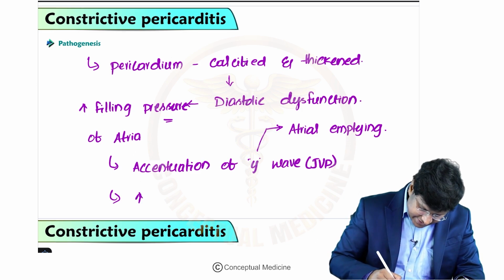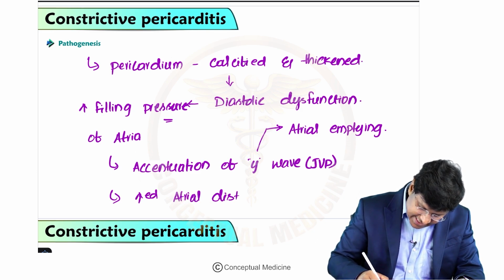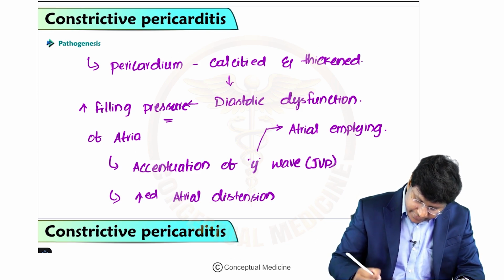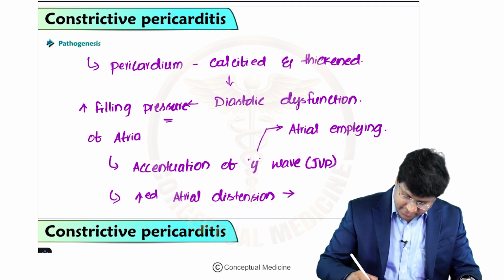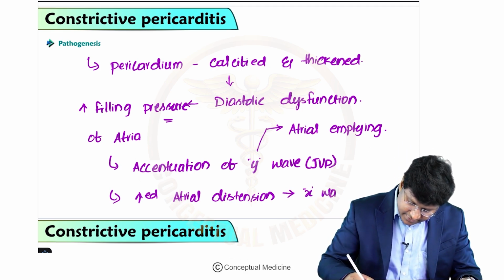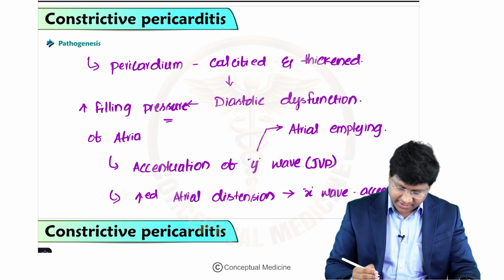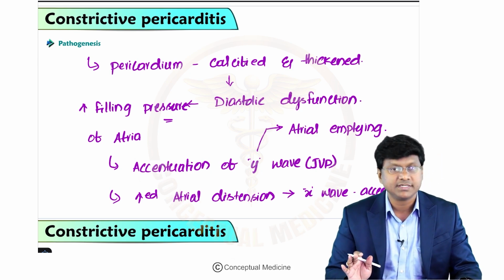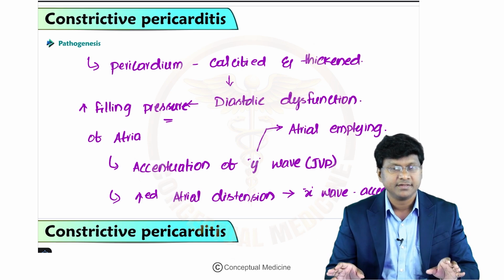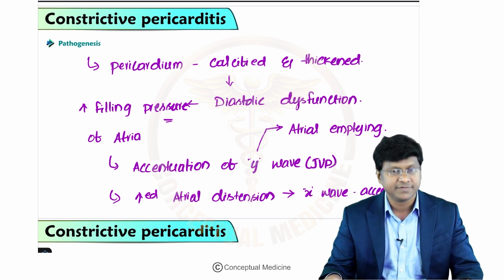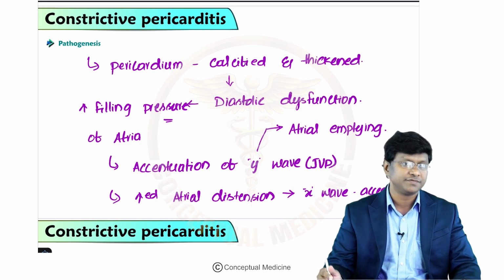So there is increased atrial distension, and because of this, the X wave in JVP is also accentuated. That is the pathogenesis. So, what is the problem here? The pericardium is thickened, and that is limiting the expansion of the heart.